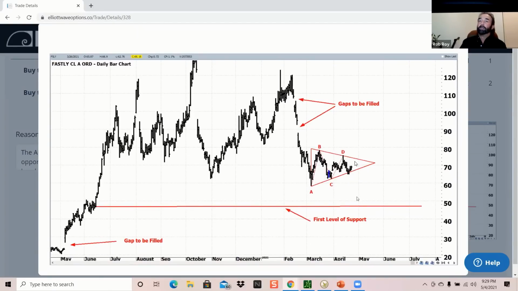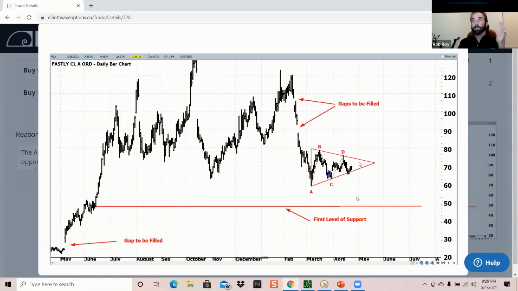Now, this is what I thought was going to happen. Often when you think what's going to happen, you're wrong and you lose money. In this case, what I thought was going to happen didn't happen, but we were still able to generate a gain. So what I thought was going to happen was we were going to go sideways for a while longer into the earnings report.